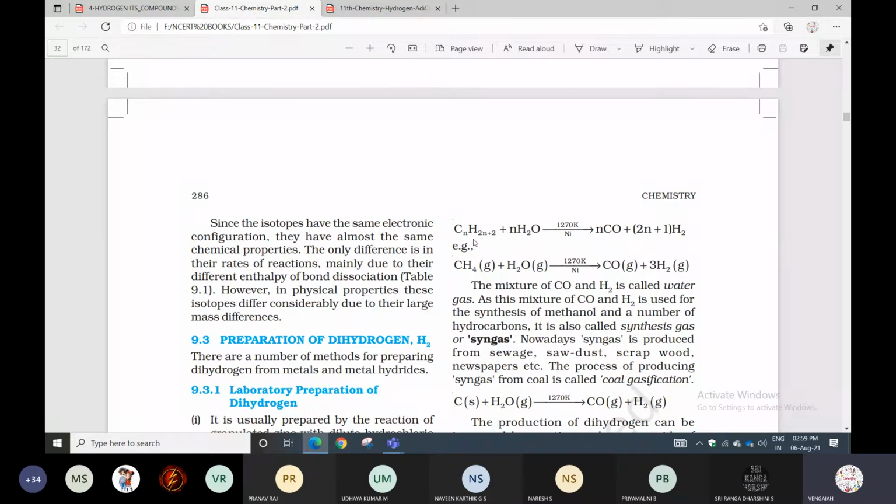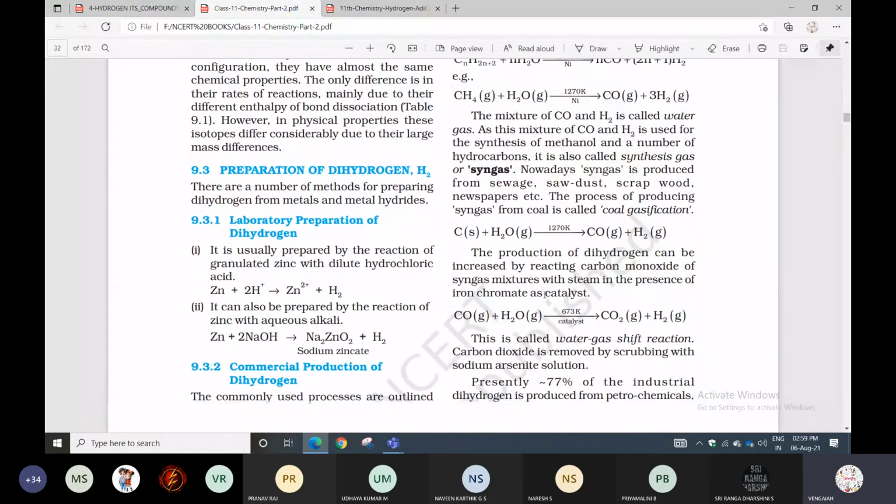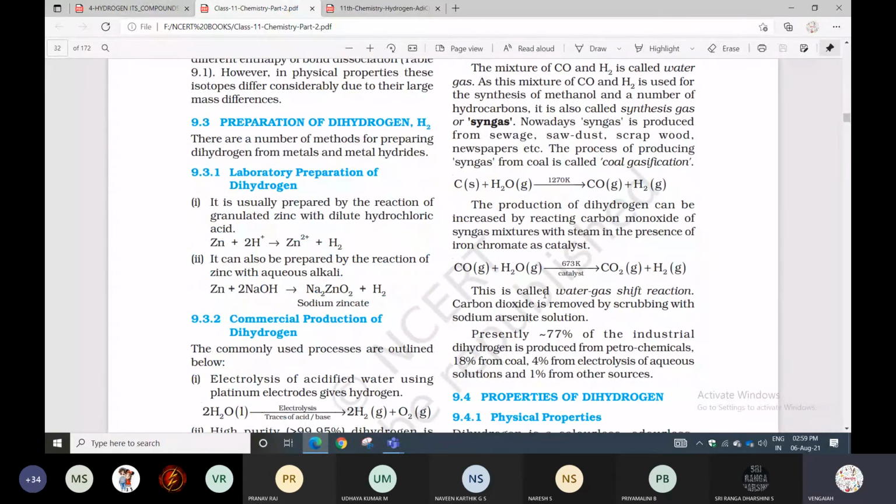Nowadays, syngas is produced from sewage, sawdust, scrap wood, newspapers, etc. The process of producing syngas from coal is called coal gasification. So CO plus H2 we can say syngas, and CO2 plus H2 we can call water gas.